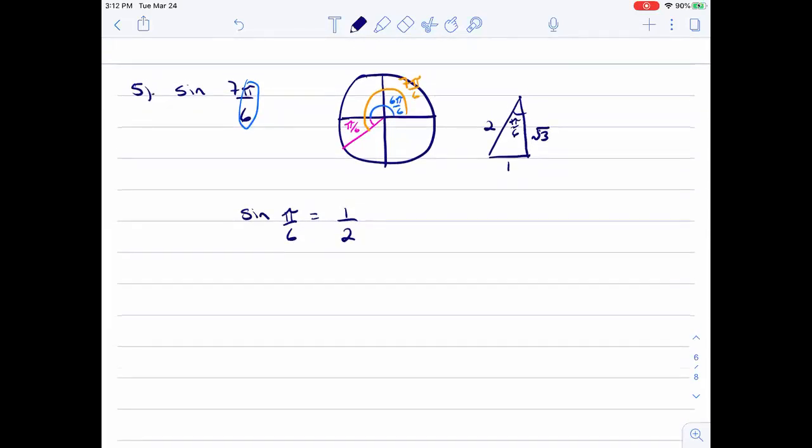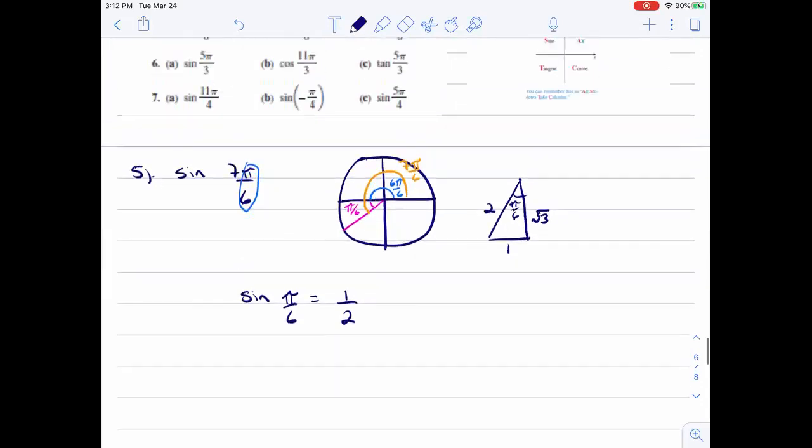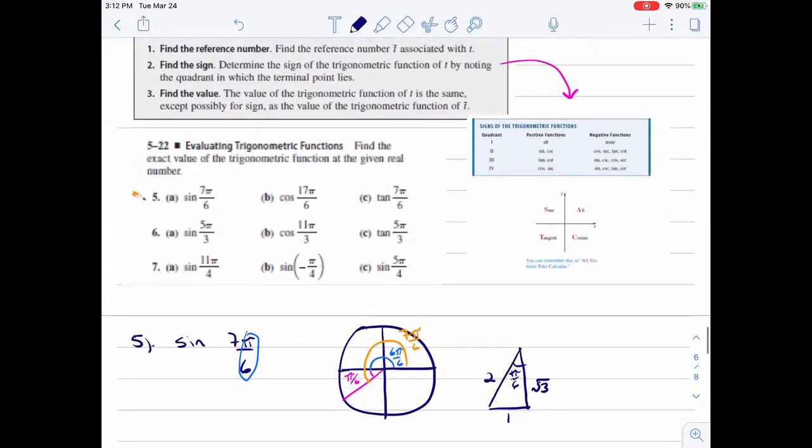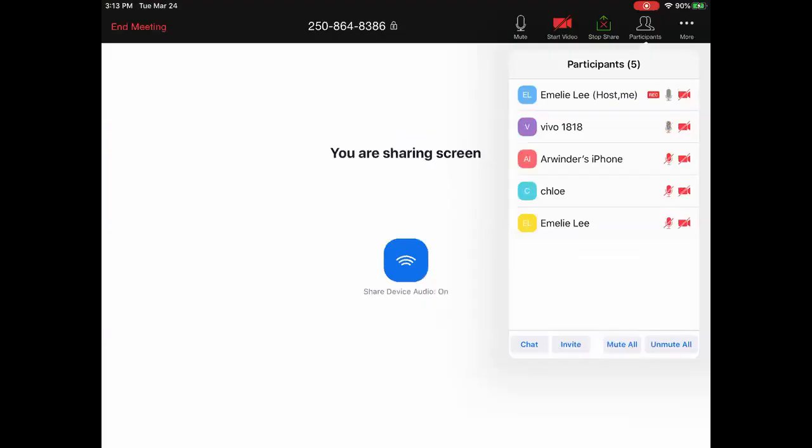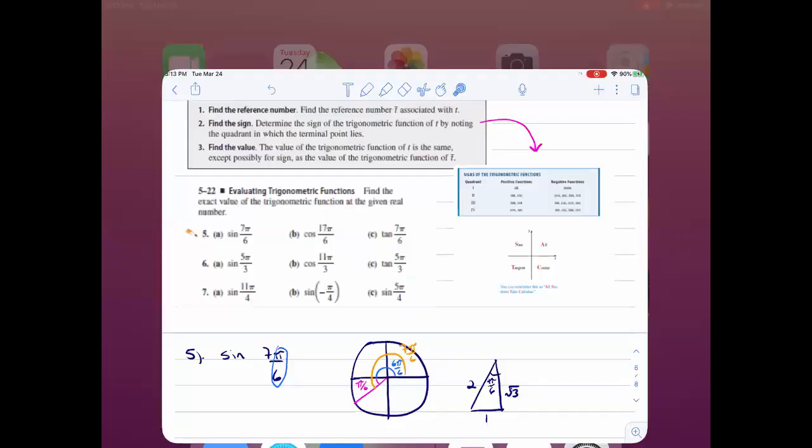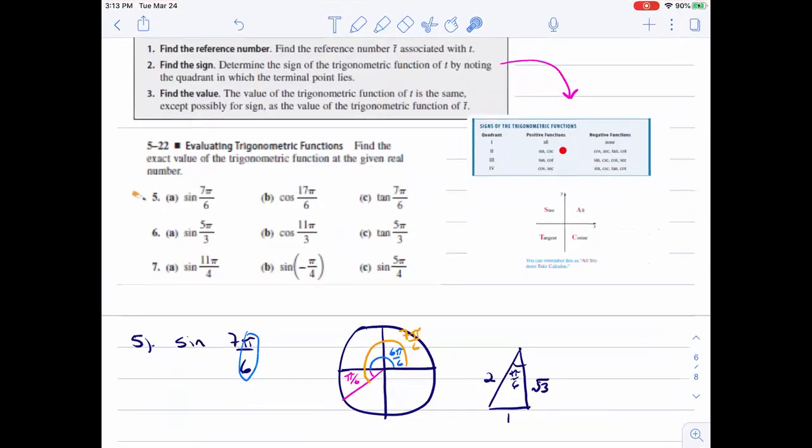But here, sine is going to be, and this is where we need to know where sine is positive.